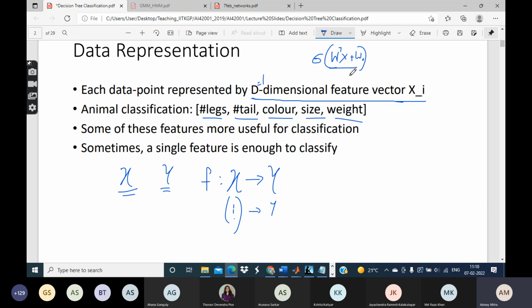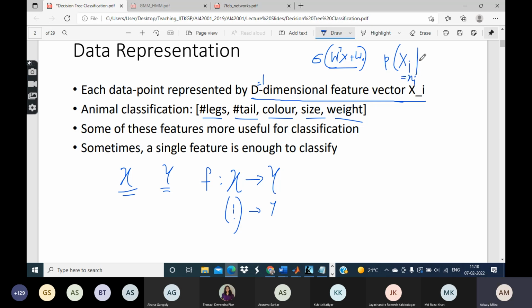Similar things you will also do in case of, say, logistic regression. In case of a Naive Bayesian classifier, you will build some kind of a probability distribution on the different features and so on, right? So basically, you will calculate the probability of the first feature having a particular value under a certain class.